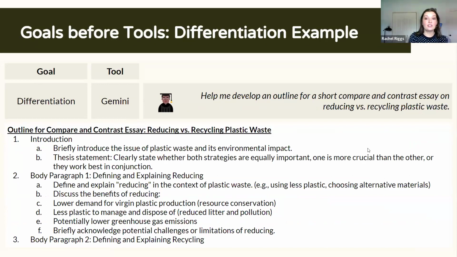Now, I may have a different goal, right? If my goal is differentiation, and I'm thinking about learners using generative AI to support them in the writing process, for those who need a little more scaffolding and help with writing, well, if I know that the learners in my class are all set up on Gmail, then I can choose a tool that aligns with that goal.